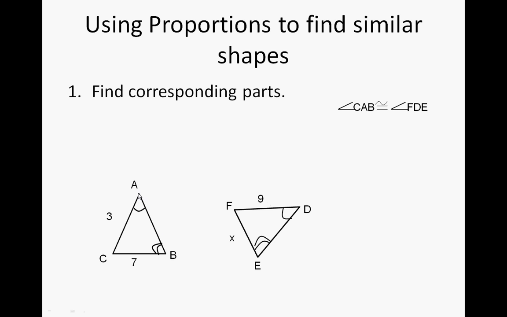We can talk about angle CAB being congruent to angle FDE. So we write angle CAB is congruent to angle FDE. And we know that because we have these arcs that only have one arc here. So there's one more. Pause the video and find the other one and write it down.